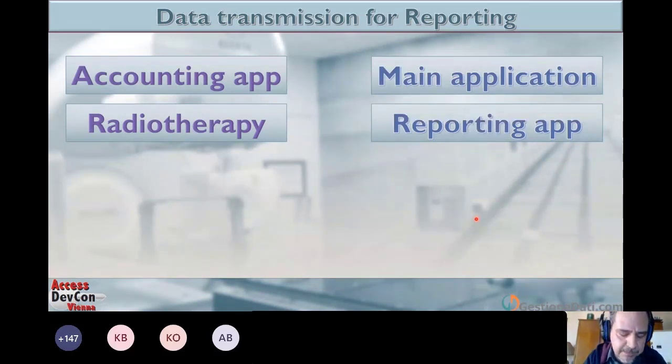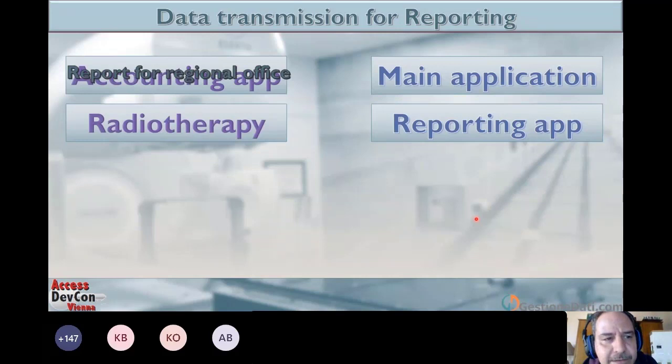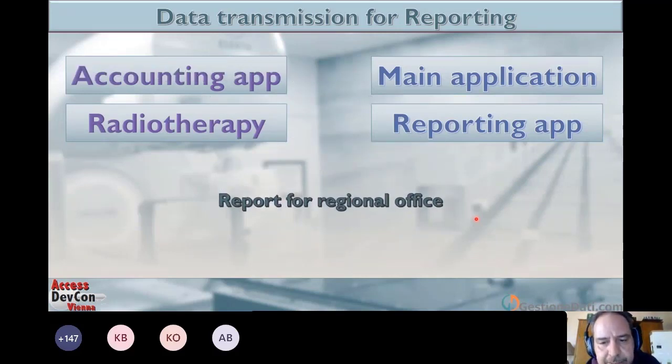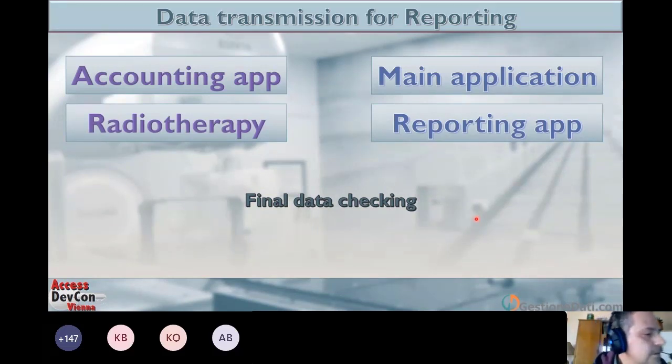The reporting application compiles prescriptions with the sessions actually delivered, and all the actual therapy is sent back to the accounting application. The accounting application generates a report for the regional office of healthcare. This report is imported in the Totem system and double-checked for anything missing.